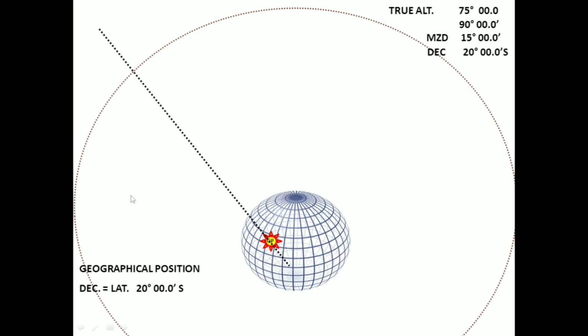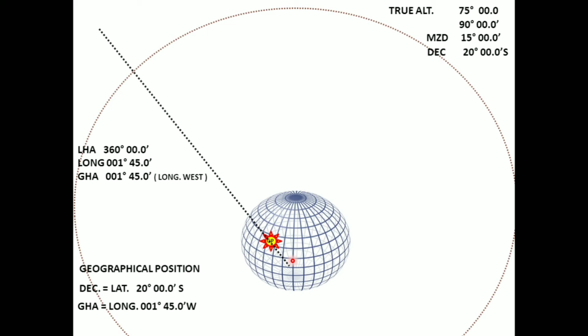Now, here is the latitude. When we talked in terms of the celestial sphere, we talked about declination. So declination becomes your latitude. And the longitudes are the GHA. So the geographical position of a body is the GHA and the declination. As soon as you started solving this, you had the GHA and the declination, so you had the geographical position.